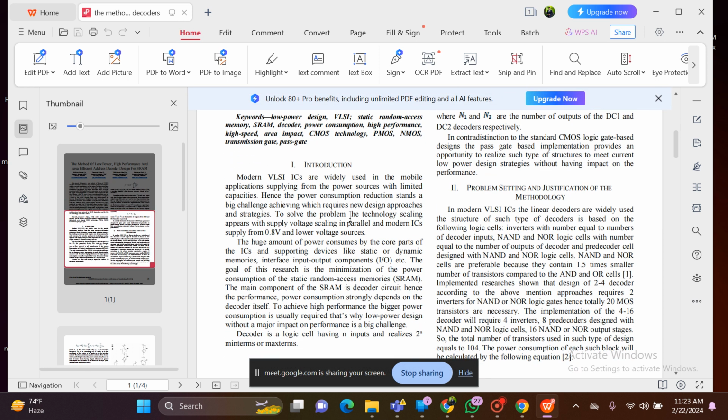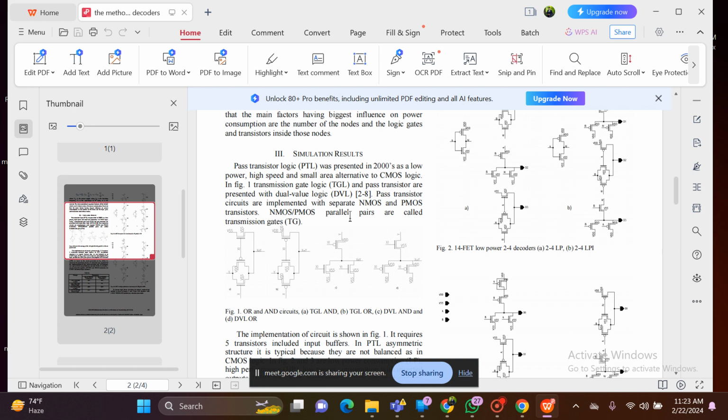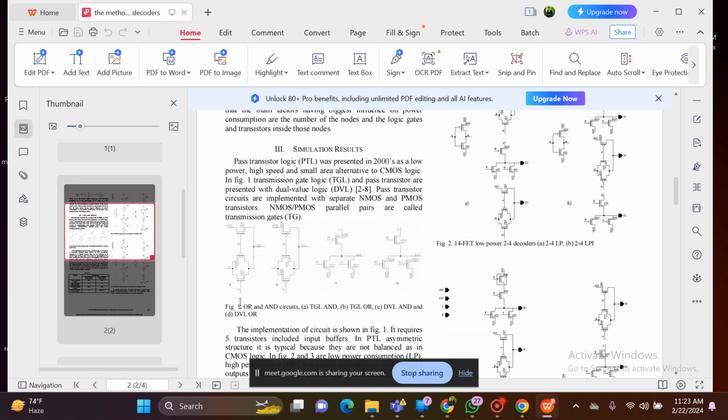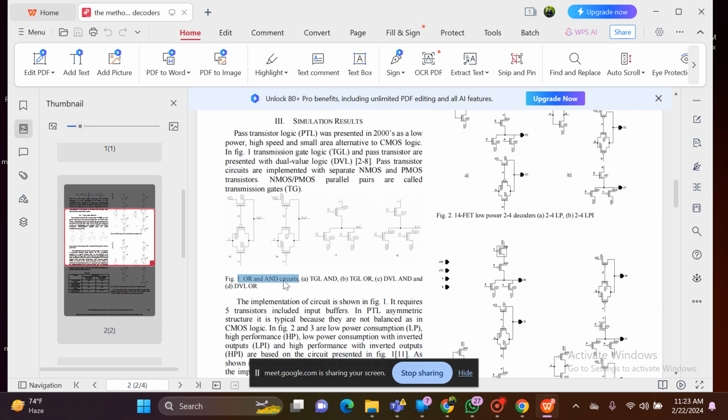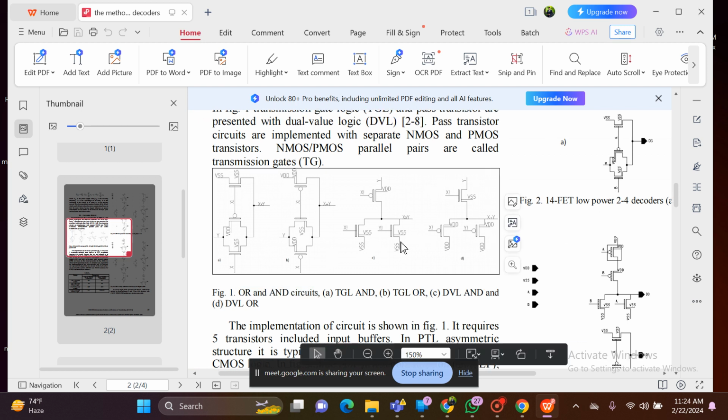This is the base paper. In this base paper you can see OR and AND gates, the basic gates we need to design a decoder. So OR and AND gates are given here. We need to see how the OR gate is designed and how the AND gate is designed. With that only, they designed the 14 FET and 15 FET decoders.